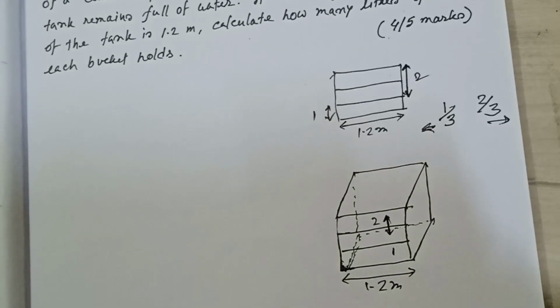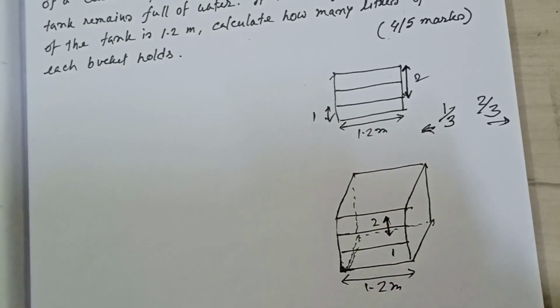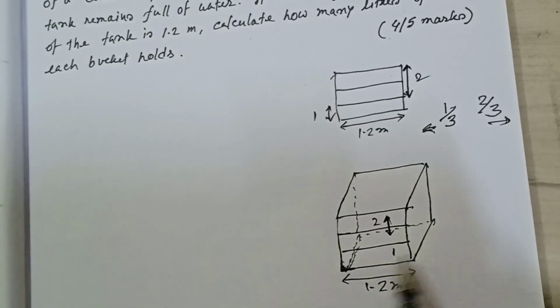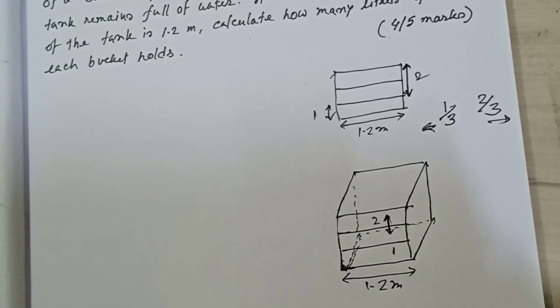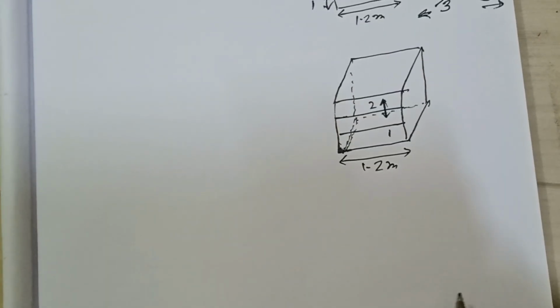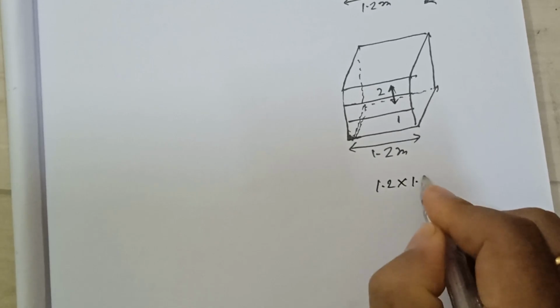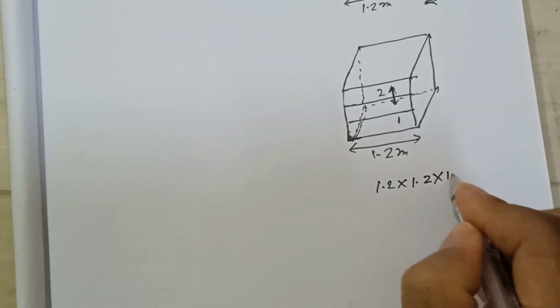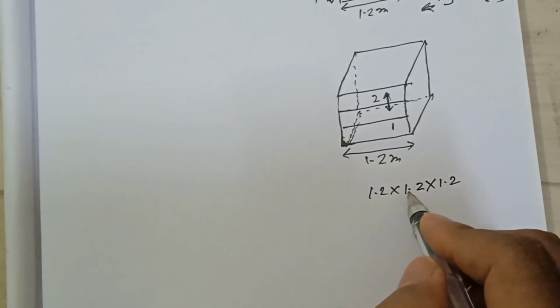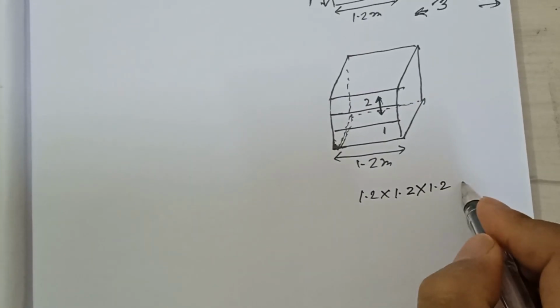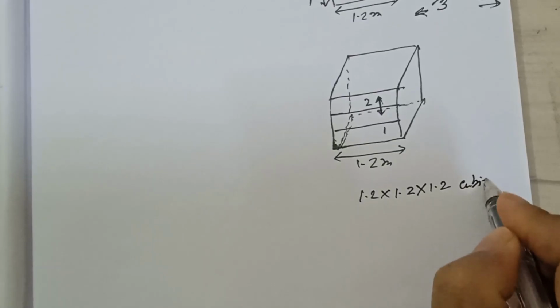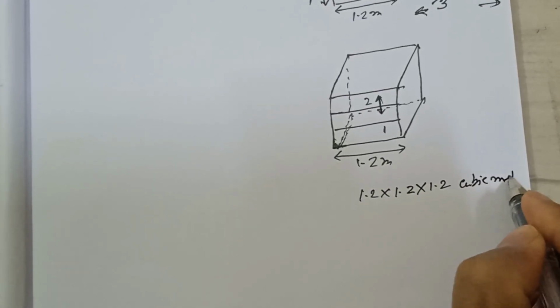So how do we find out the volume? It is easy. If you multiply 1.2, 1.2, 1.2, it is cubic meter.